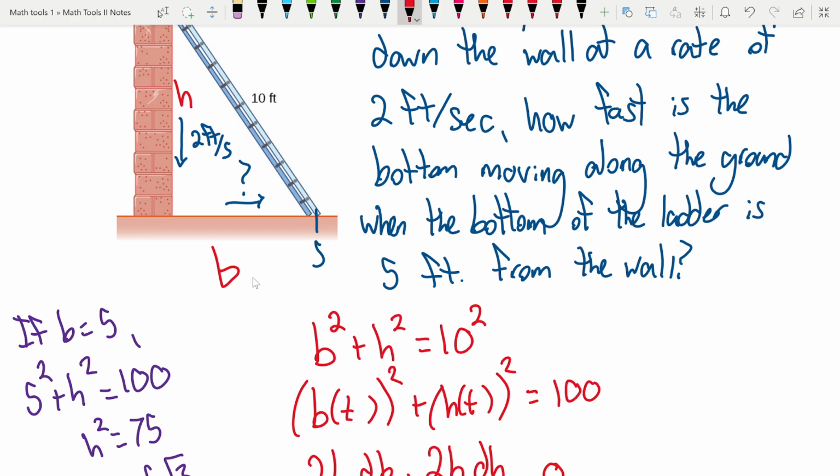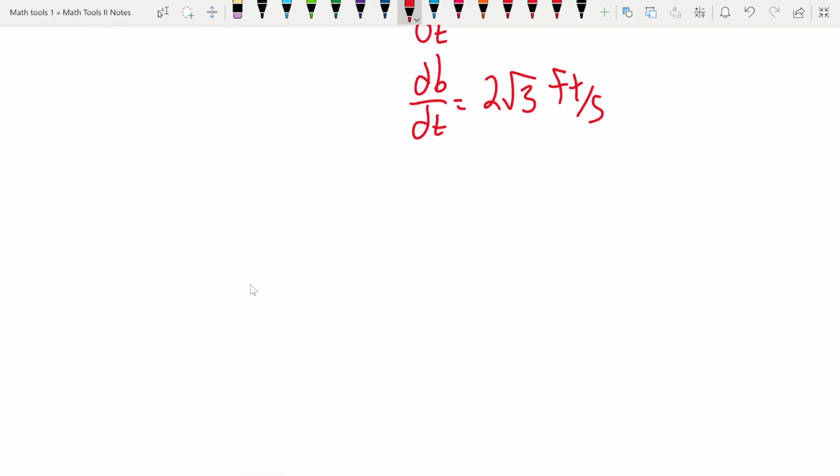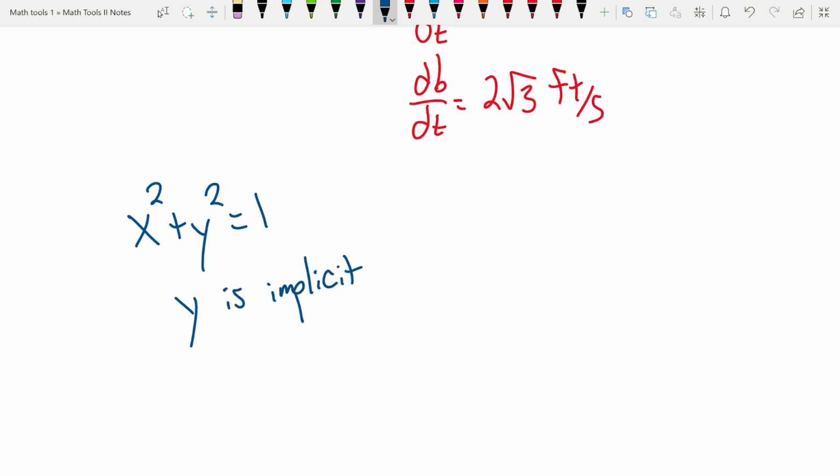Okay. So again, I just want to emphasize real quick the difference with something being implicitly defined. Okay. So in something like this, x squared plus y squared equals 1, y is implicitly a function of x.